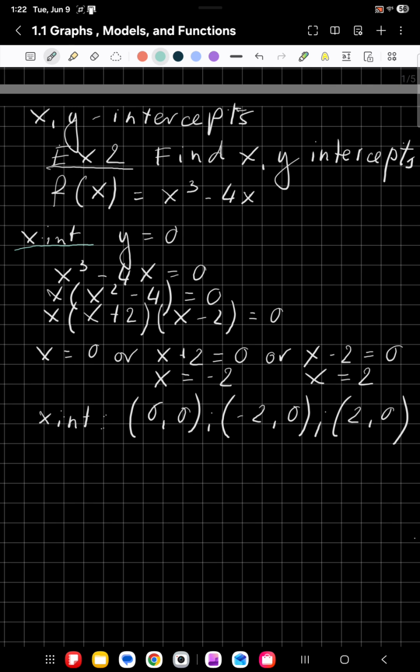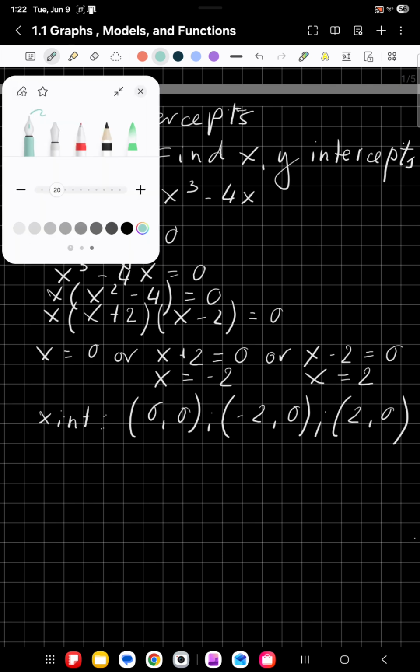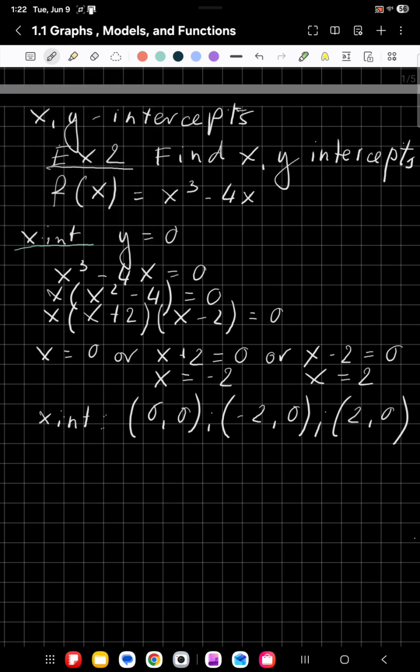So this is x-intercept, and now let's do y-intercepts. For y-intercept, x is equal to 0.